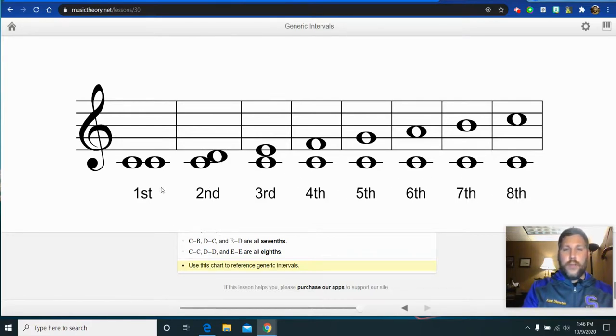Some of the intervals you are the most used to hearing us refer to would be the first, the third, and the fifth, because we talk about chords in class a lot, and we say, okay, who's got the first, or who's got tonic, who's got the third, who's got the fifth, right? So now you can kind of see how that fits in there.